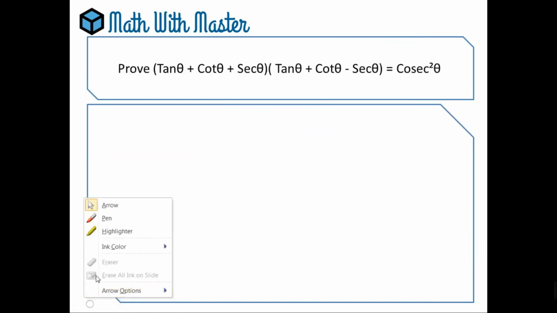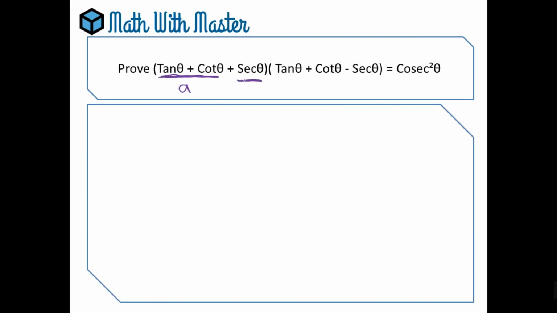Okay, so we have to prove this. Now we will make tan theta plus cot theta as A and sec theta as B. So A plus B and A minus B, if they are multiplied, their product will be A square minus B square.